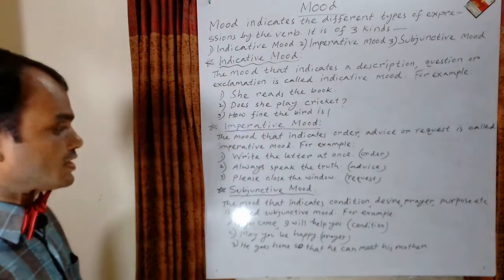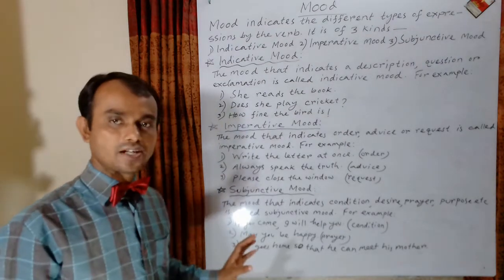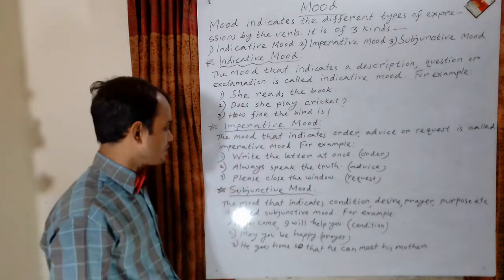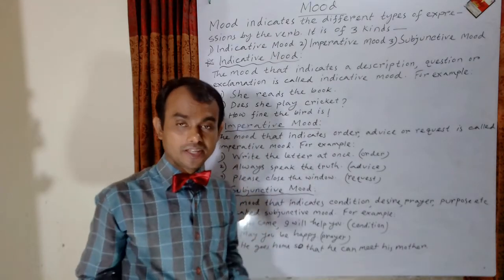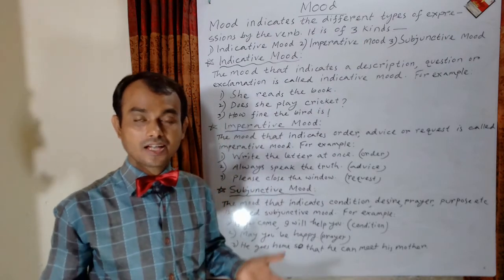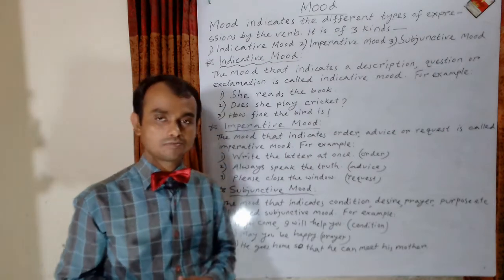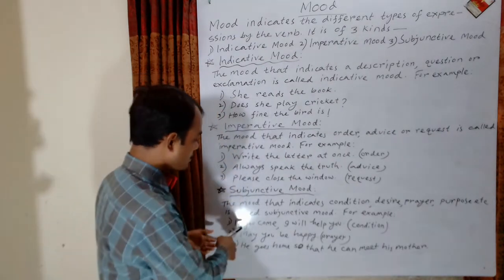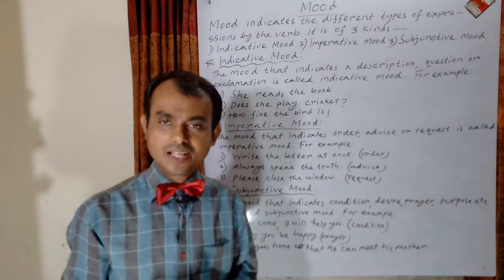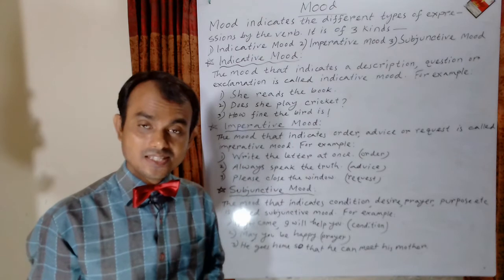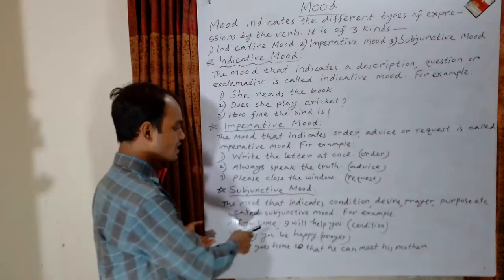Okay, dear students, the last mood, I have already written the definition with this example. The mood that indicates condition, prayer, desire, and purpose, etc. is called subjunctive mood. For example, if you come, I will help you.